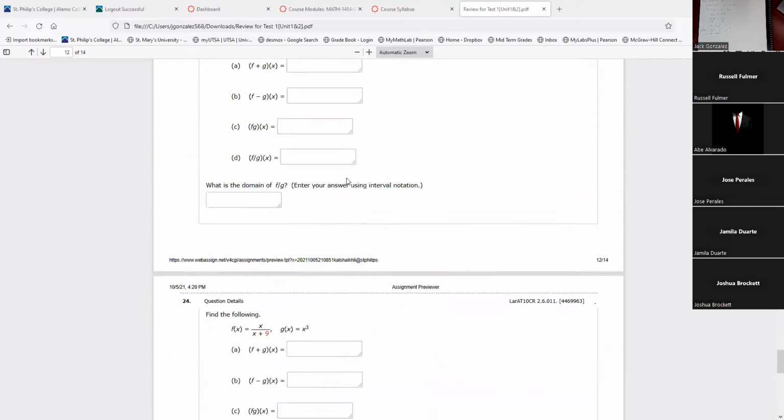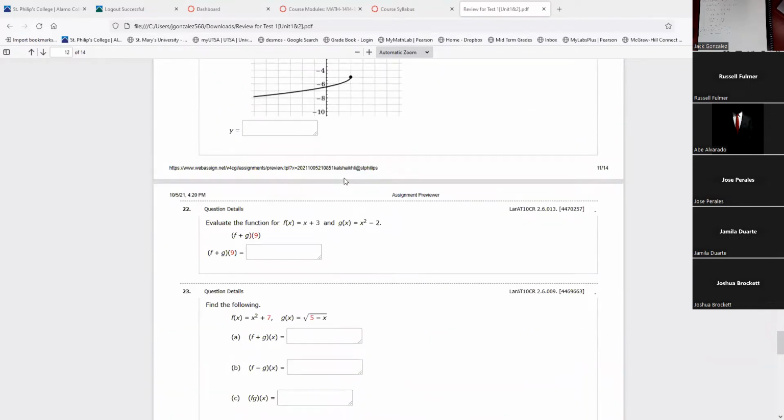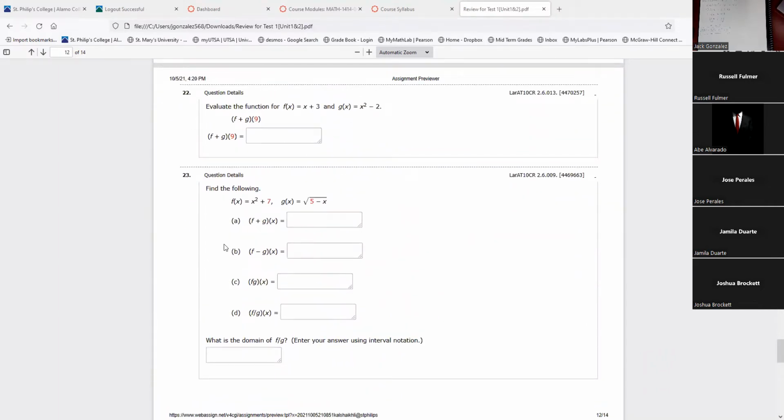All right. So 22. I don't think we talked about 22, but it's really basic, so let's just talk about it now. It's just a notation, honestly.